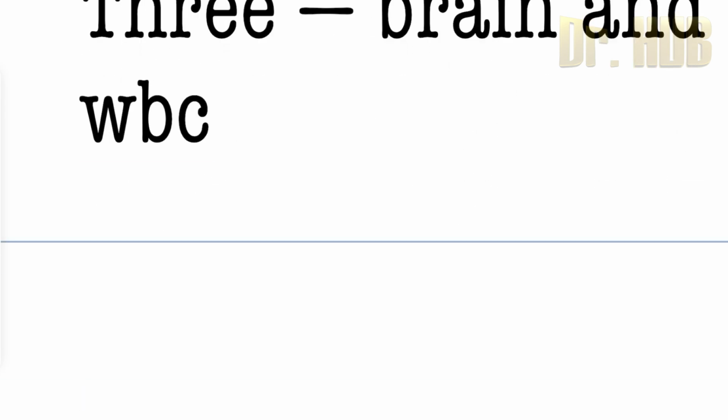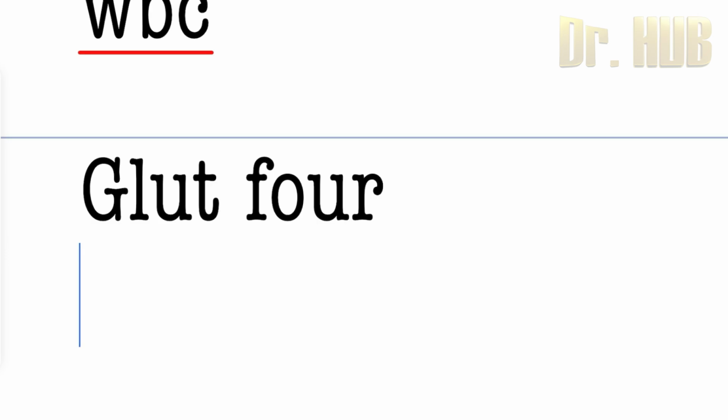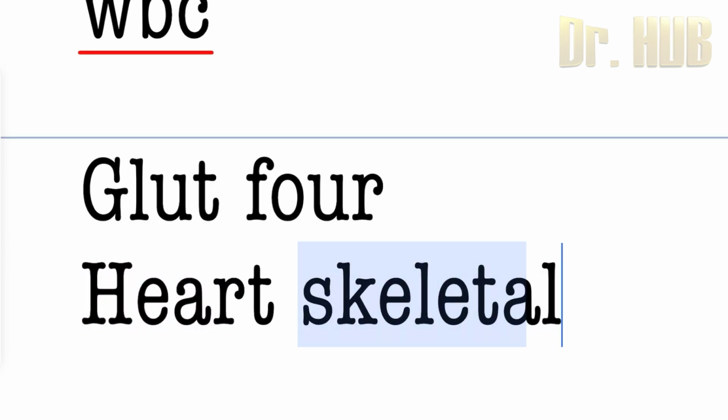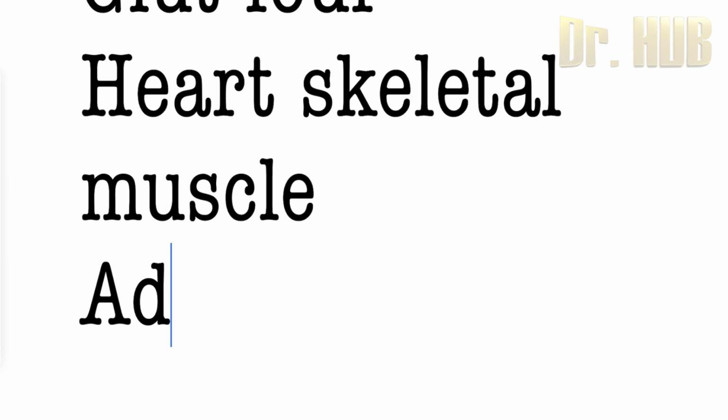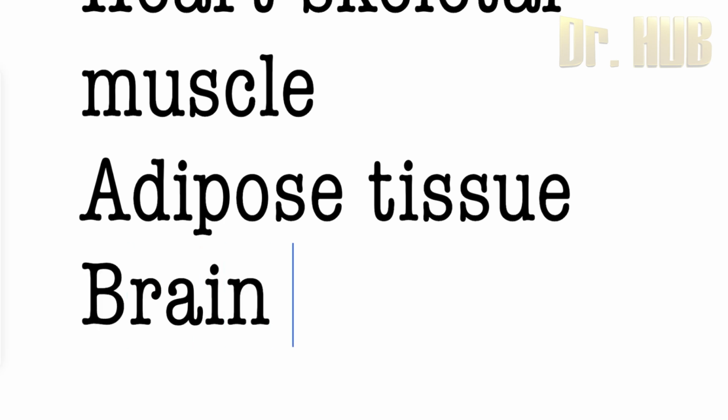Then GLUT4: the heart, the skeletal muscle and the adipose tissue. The brain was found in GLUT3 as well as GLUT4.